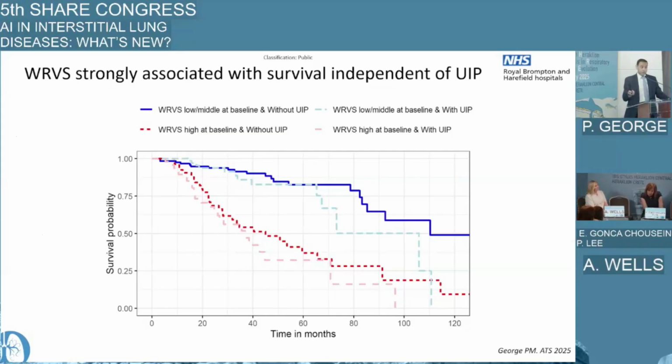And possibly what we're actually measuring is almost an extent of UIP, because you're measuring peripherality of disease. It's fibrosis in the periphery. What I think we have been considering over the years is that UIP is important, but maybe the extent of UIP is more important. So we're turning something from a binary outcome into a continuous outcome, and that, I think, is why we're seeing something much more powerful.